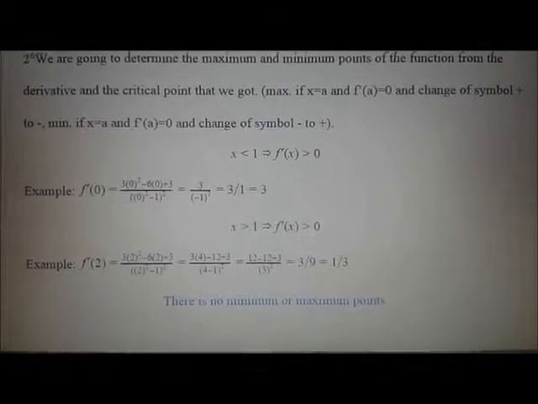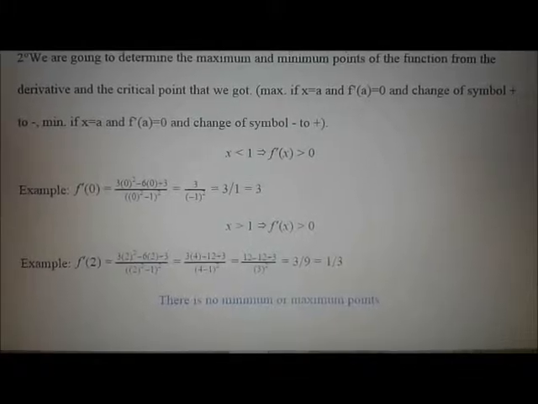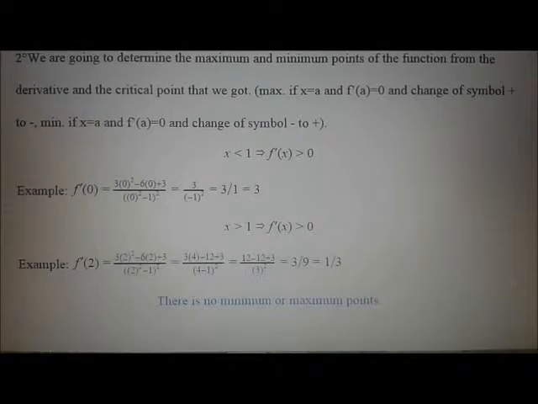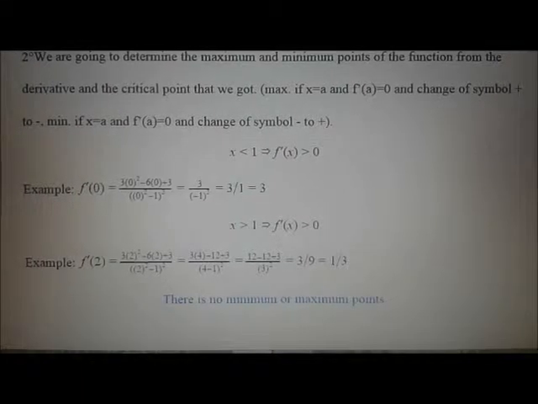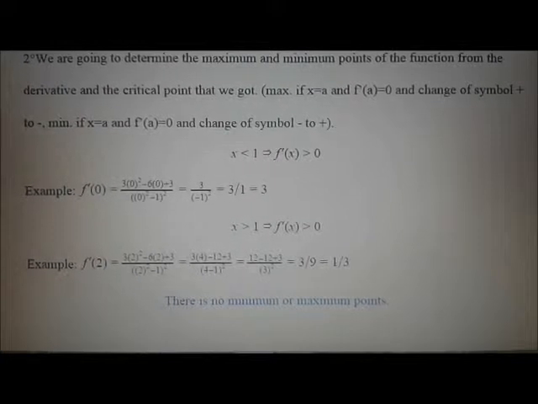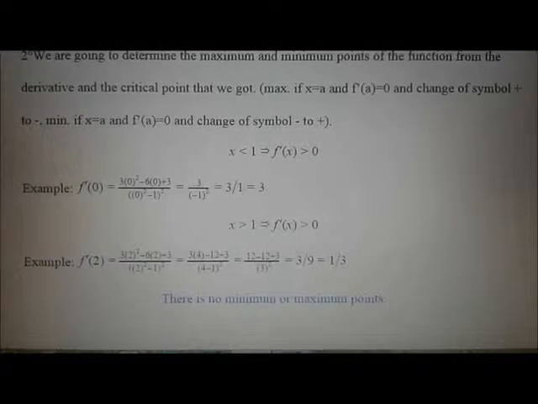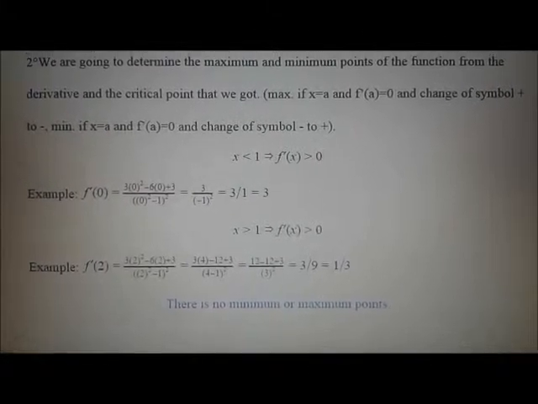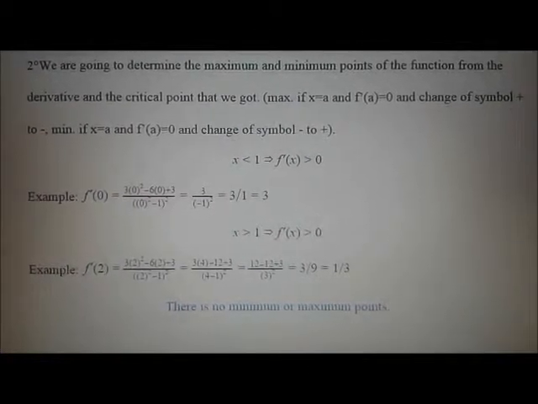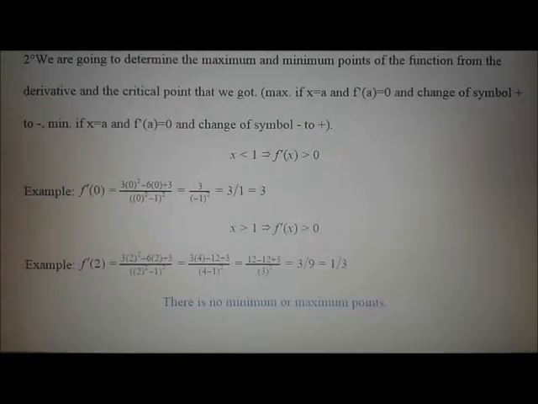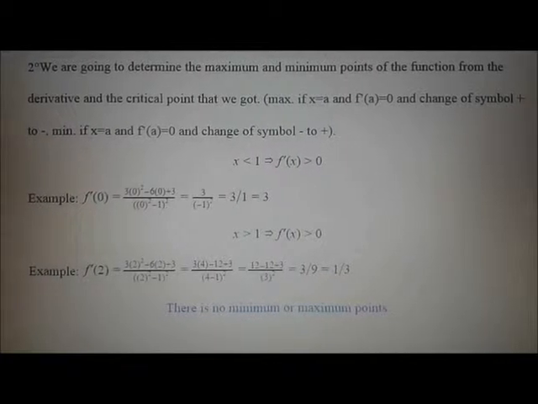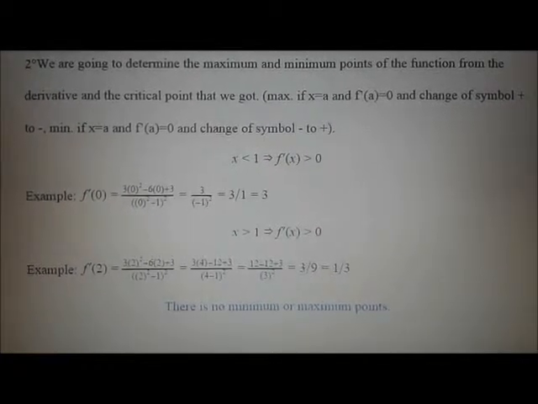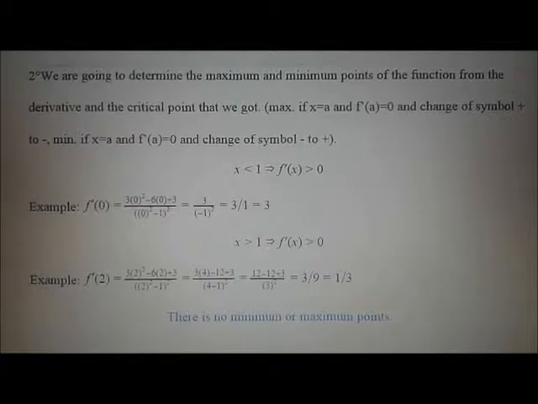Next, for the maximum, x is major than 1. So we need to check, for example, with the number 2. The first derivative at 2 is equal to 3 multiplied by 2 squared minus 6 multiplied by 2 plus 3, all divided by 2 squared minus 1, all squared.